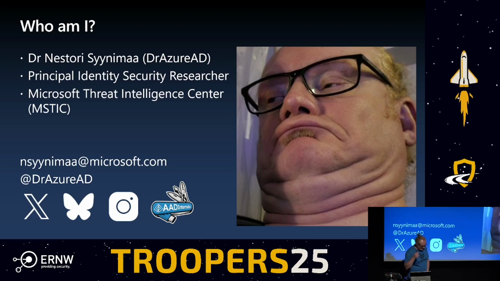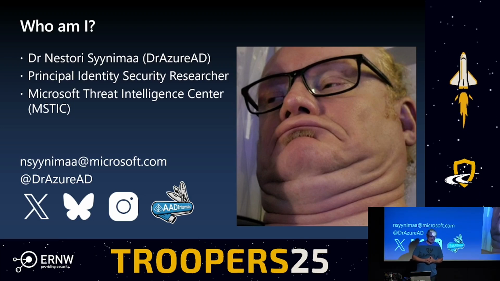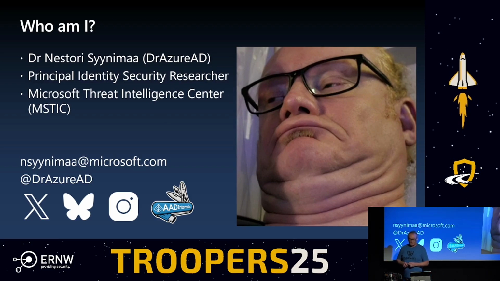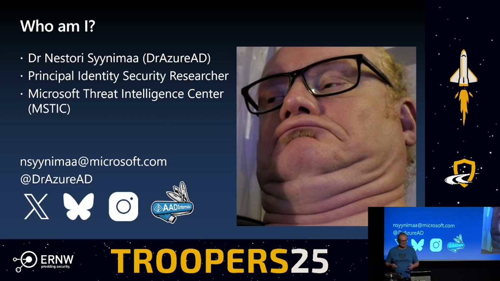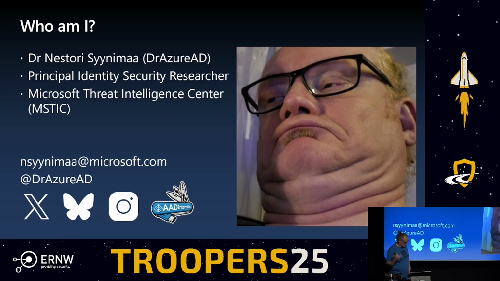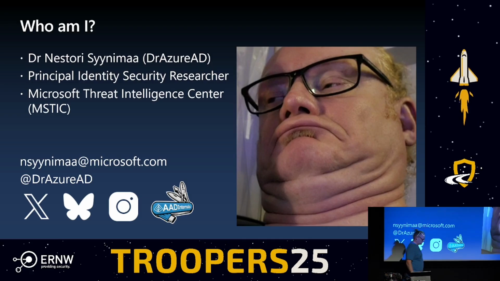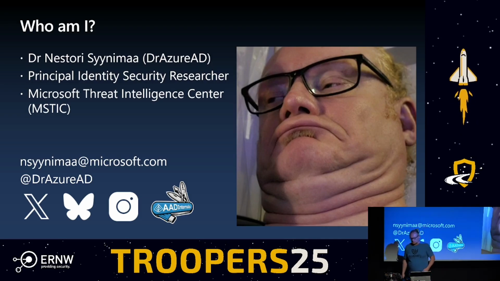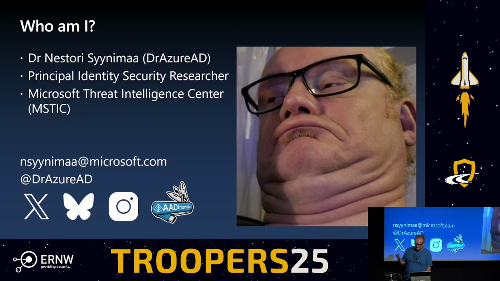My name is Dr. Nestori Syynimaa, as was introduced, and I work as a principal identity security researcher at Microsoft Threat Intelligence Center. So basically, they pay me to do my hobby. What I do at MSTIC, as it's pronounced, has two parts.